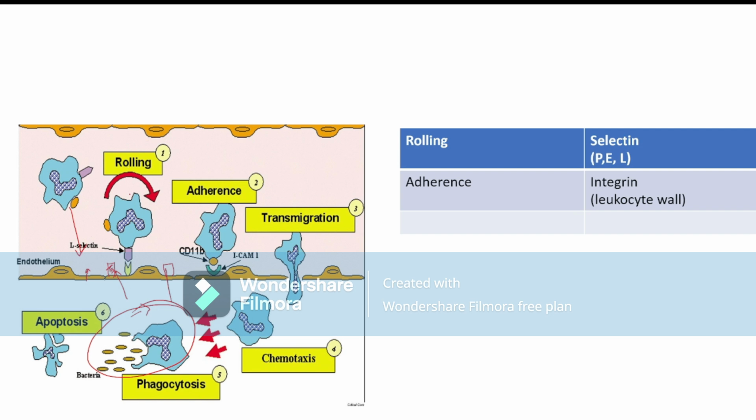Firstly, there is physiological rolling. That means the neutrophil attaches to the endothelium layer, and then there is rolling of the neutrophil.